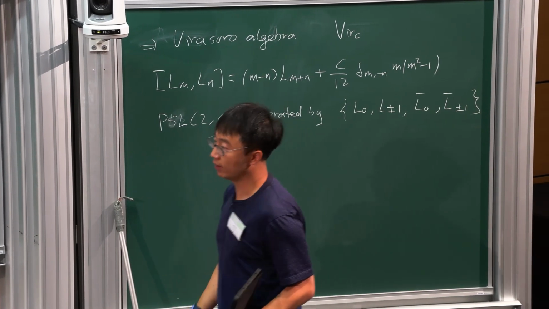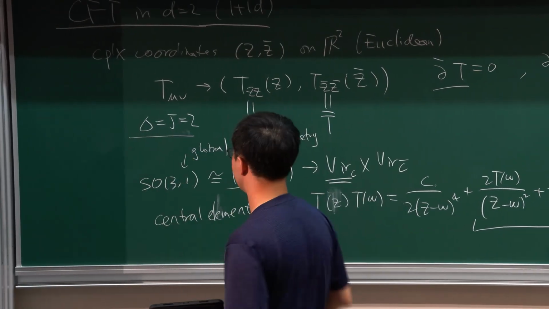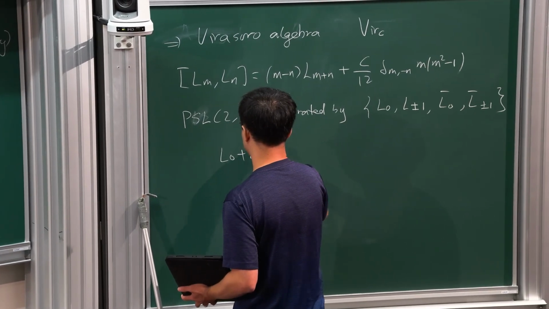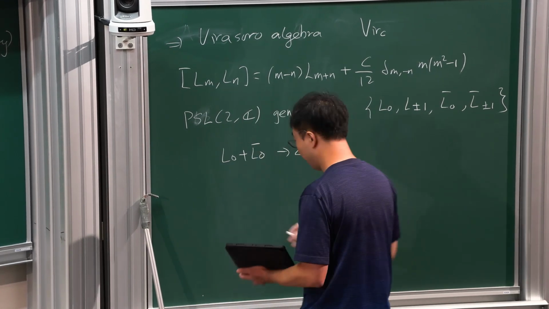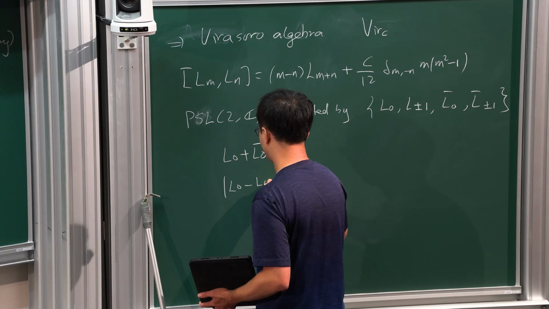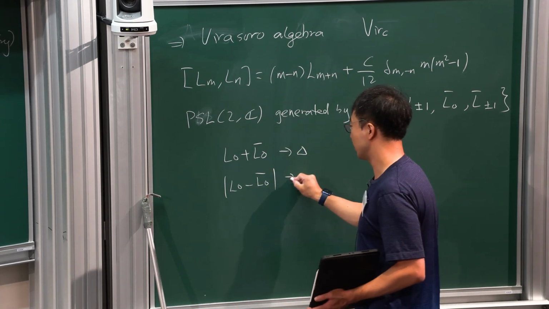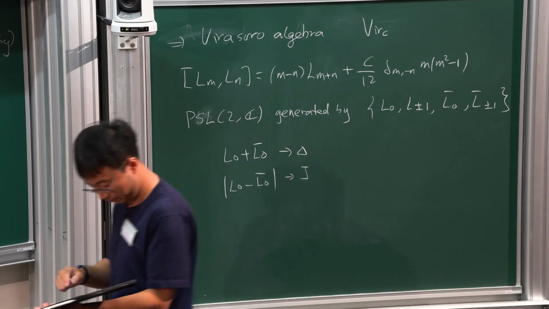And in terms of the familiar quantum numbers, Delta and J in general spacetime dimensions, Delta is the eigenvalue of L0 plus L0 bar. And then L0 minus L0 bar: the eigenvalue of this operator gives the spin that characterizes operators in two dimensions.